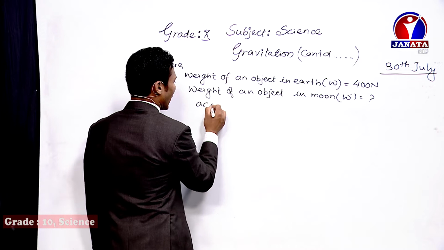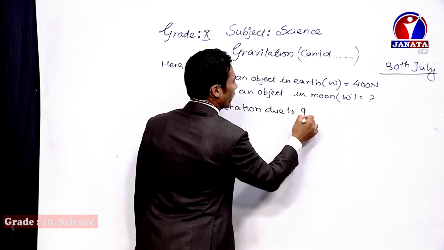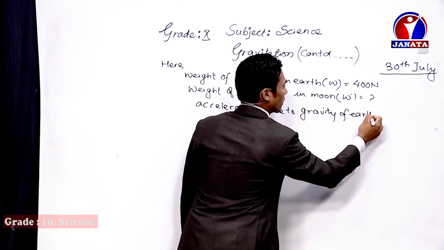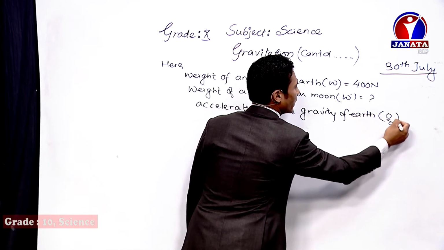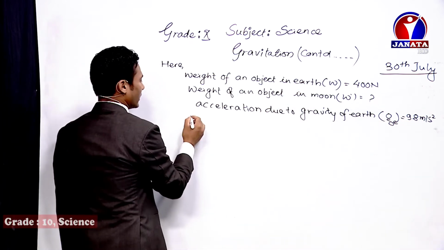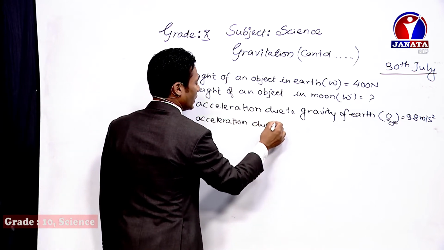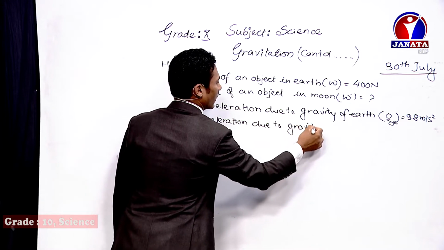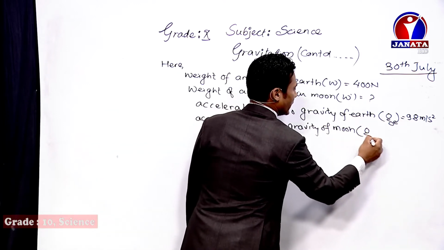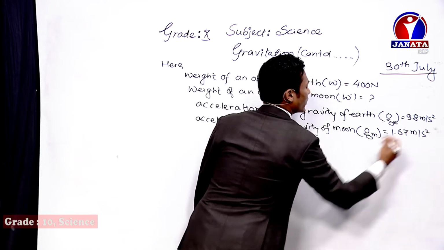So let's write down the acceleration due to gravity of Earth. I will write this g_E is 9.8 meter per second square. And the acceleration due to gravity of the Moon, if I suppose this g_M, then it is 1.67 meter per second square.